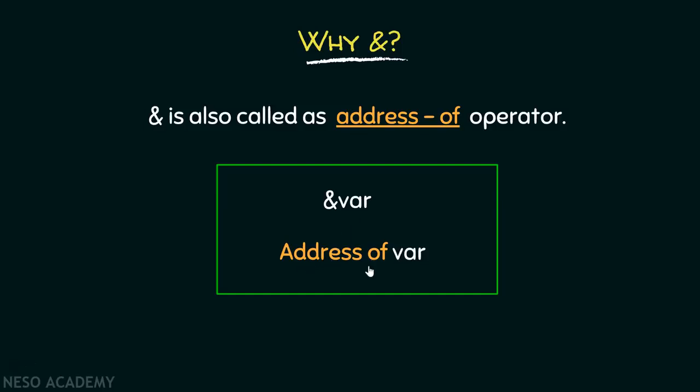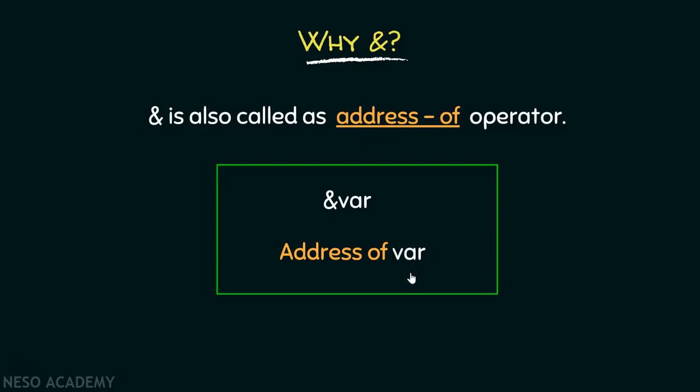As simple as that. Address of var means it is asking for the address of the variable and not the content of the variable. When we write the name of the variable, it simply means that we are asking for the content of the variable. When we write ampersand var, what do we mean? We are asking for the address of the variable and not the content of the variable.